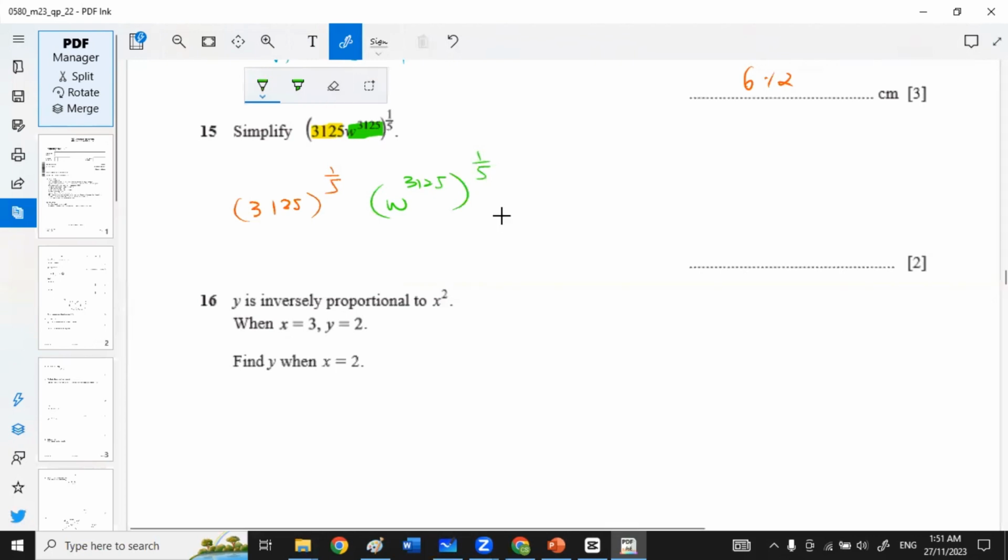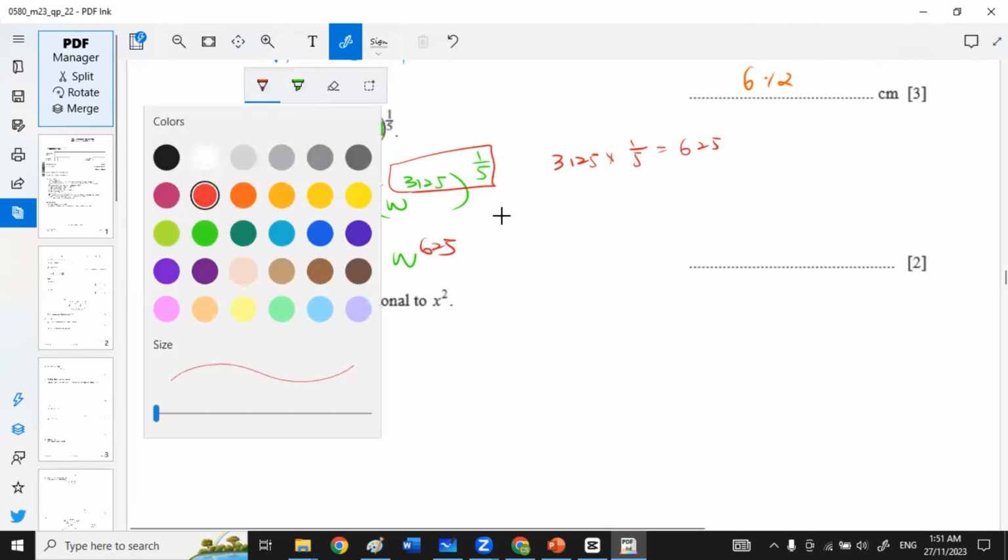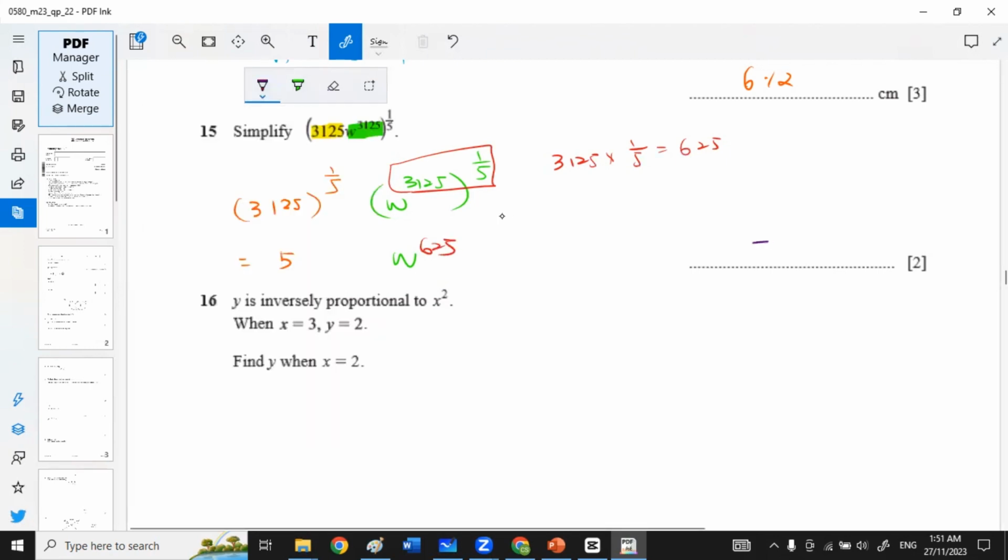Calculate this. The first one you get 5, and the second one will be w, with the power multiplied. Here it is 3125 times 1 over 5, you should get 625. So your answer will be 5 w to the power 625.